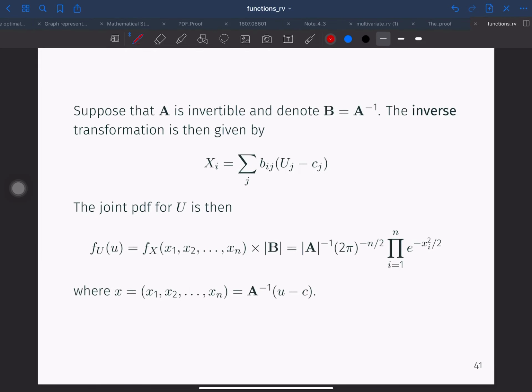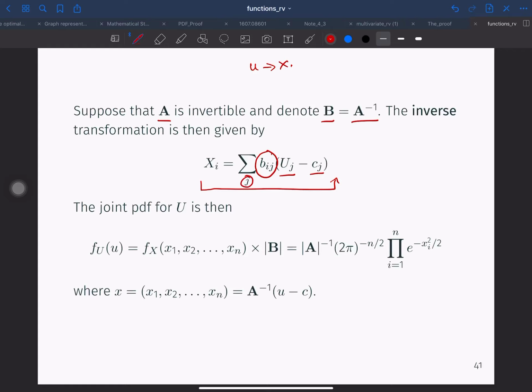So suppose A is invertible and we denote by B the inverse of A. Then to go back from U to X, I just have to do the linear combination here. I take Uj minus the constant Cj, for which I shift, and I multiply it by the inverse transformation Bij, and I sum it over j. So that defines my Jacobian transformation.